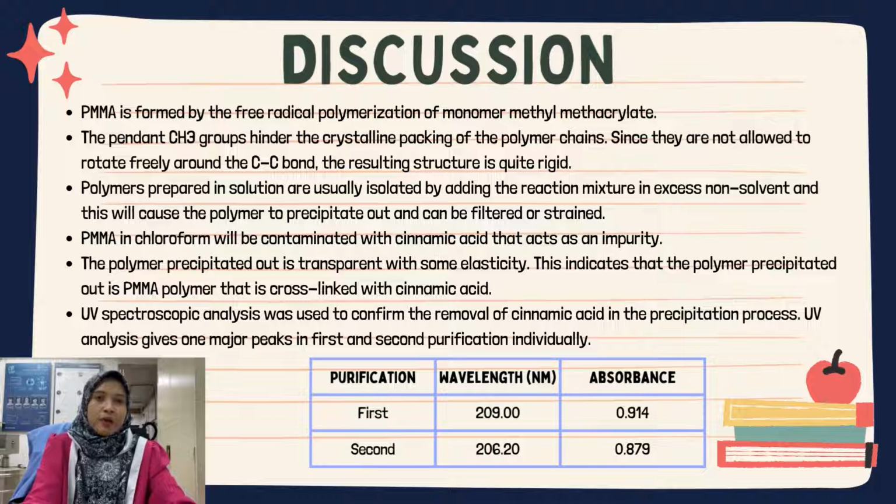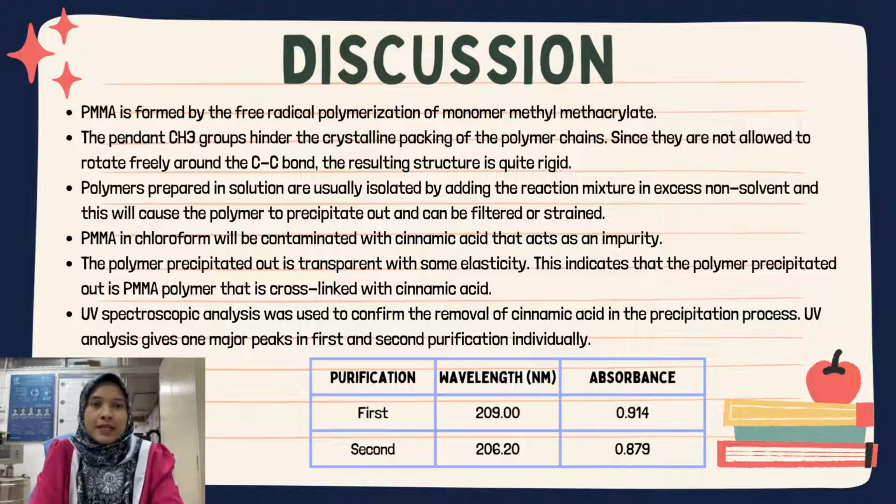Separation methods of polymers from the reaction mixture depend on the properties of the polymer and the system of polymerization. Polymers prepared in solution are usually isolated by adding the reaction mixture to excess non-solvent, and this will cause the polymer to precipitate out and it can be filtered and strained. Sometimes the precipitated polymer remains in the form of a suspended colloid.